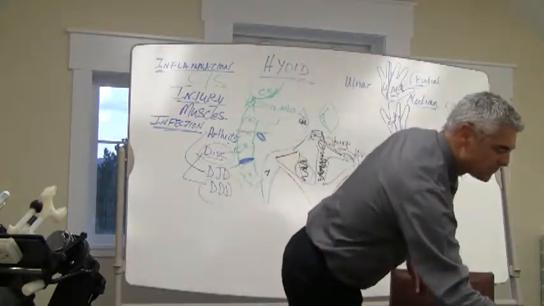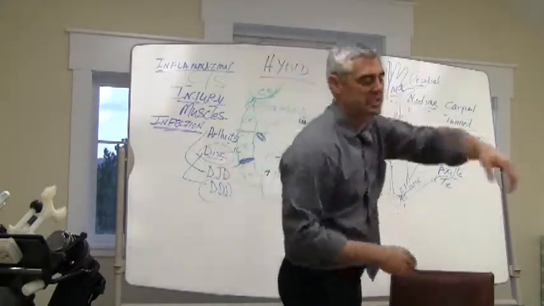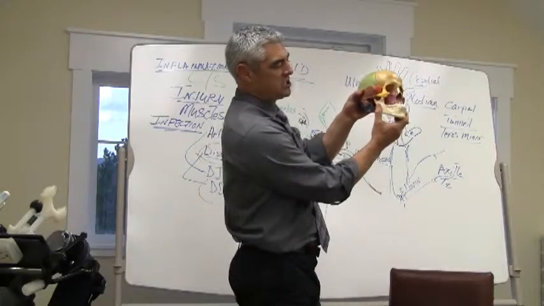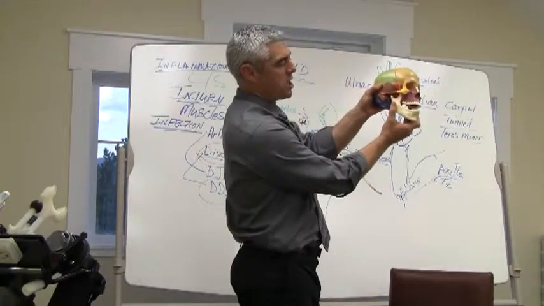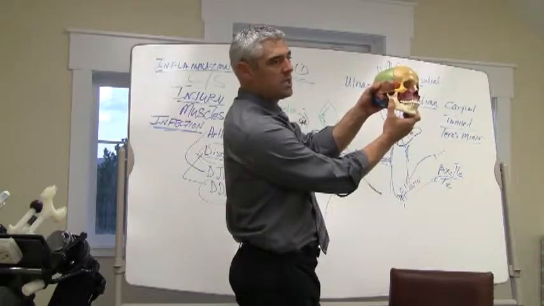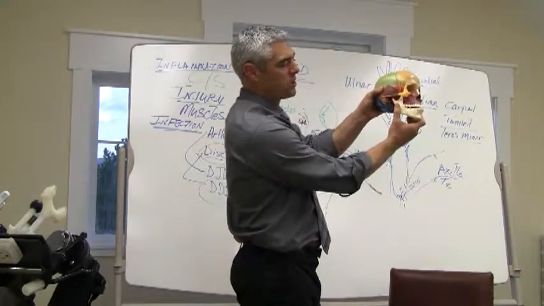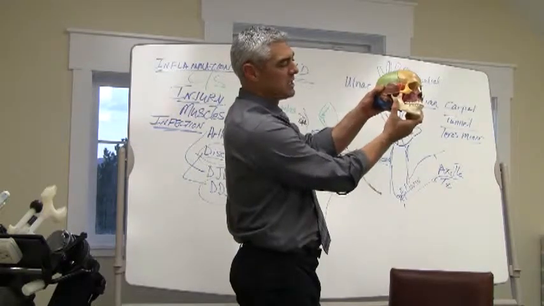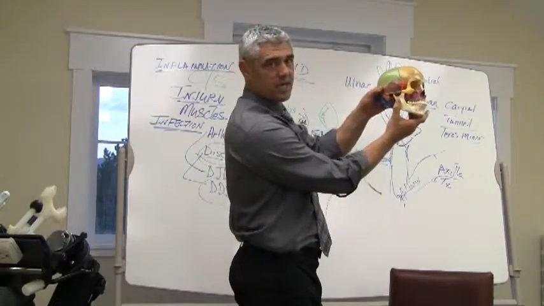In other words, you're going to slide the jaw forward, open all the way, and then bring the teeth together in normal occlusion.